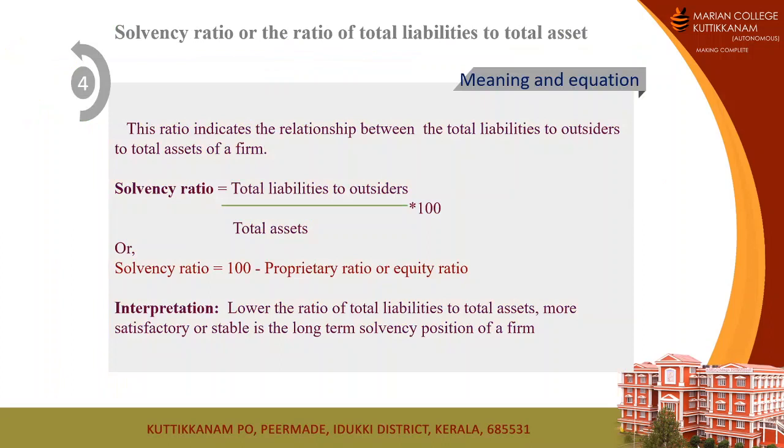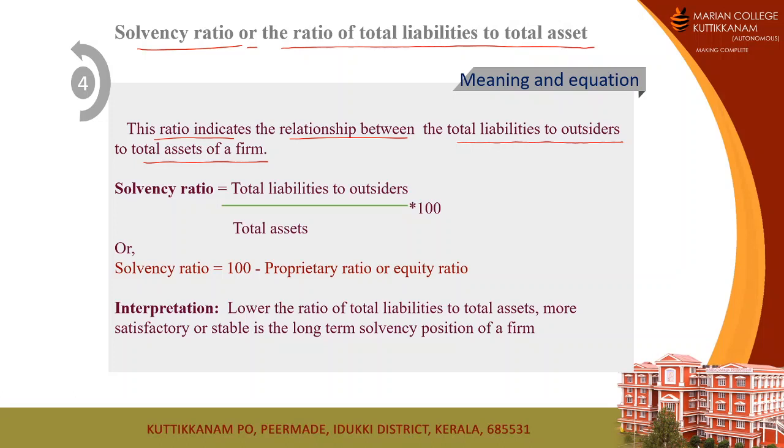Now we move on to the next type of ratio, that is solvency ratio or the ratio of total liabilities to total assets. This ratio indicates the relationship between total liabilities to outsiders and total assets of the firm. It can be calculated using the equation total liabilities to outsiders divided by total assets.